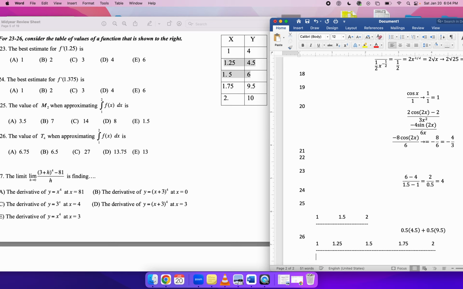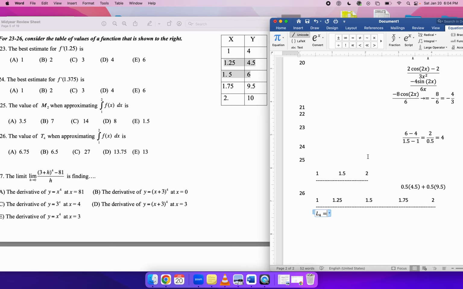So for the left endpoint method, what would L4 be? Well, there, the height of each rectangle is determined by the value of the function at the left endpoint.